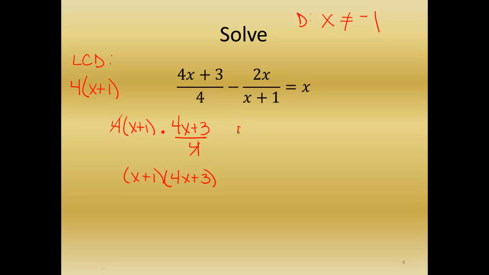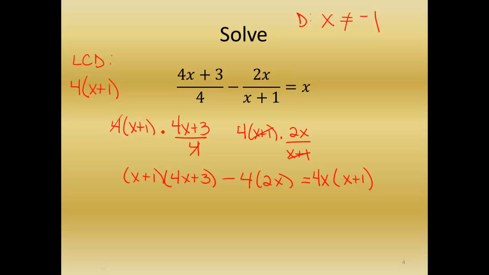If I repeat it over here, 4 times x plus 1 times 2x over x plus 1, the x plus 1's reduce, and I'm left with 4 times 2x. And on the end, I don't have any fractions, so it's going to be 4x times x plus 1. So this is what it looks like after I have the fractions cleared.